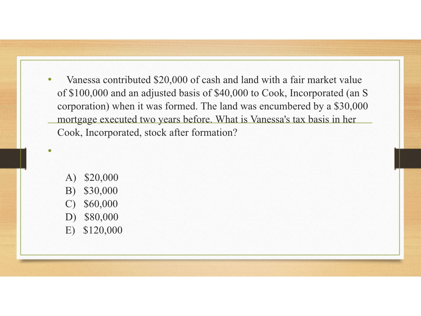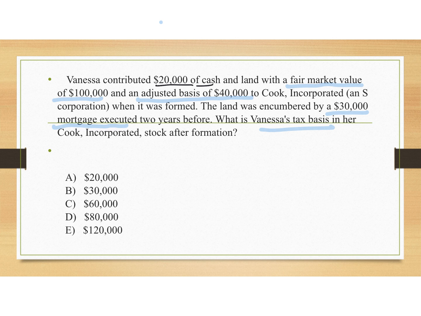We've got Vanessa, and she contributes cash and land with a fair market value of $100,000, adjusted basis of $40,000, and the land had a $30,000 mortgage. The question is, what's her tax basis in the stock?